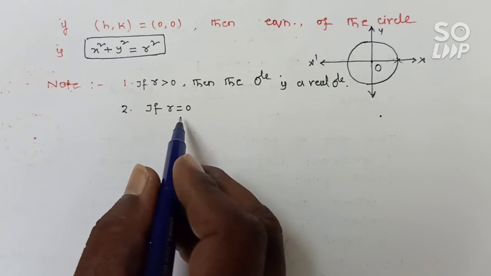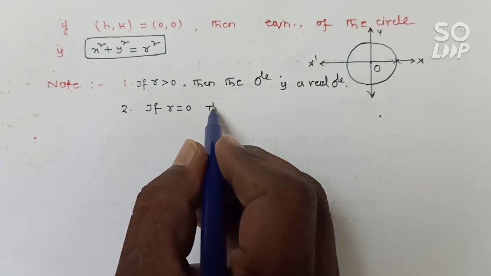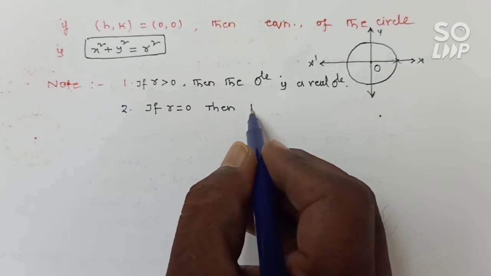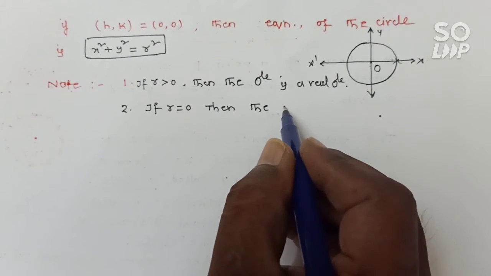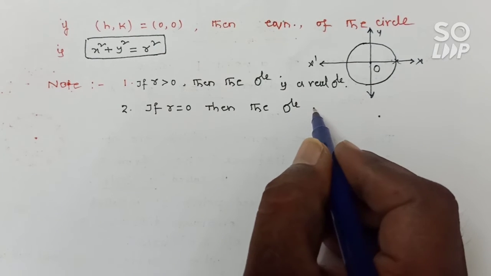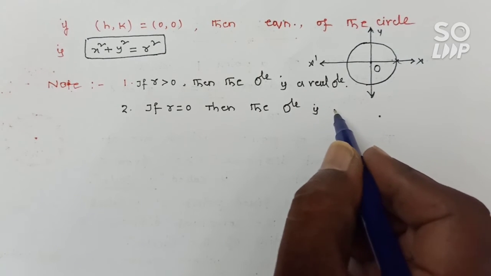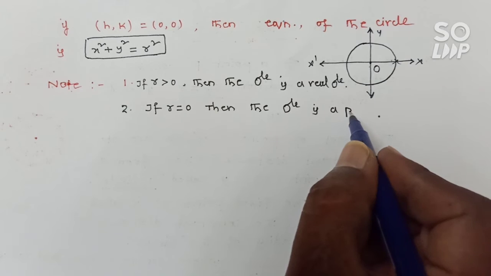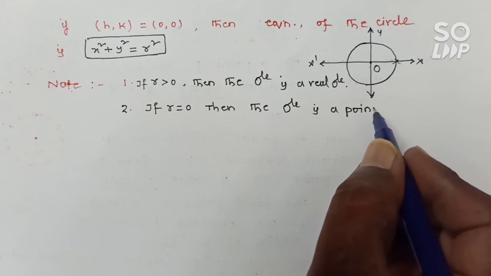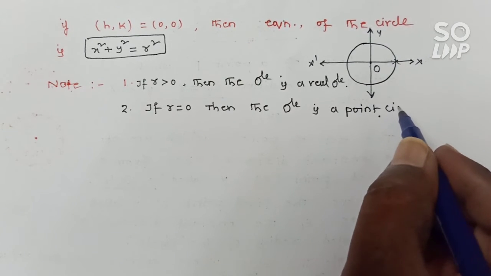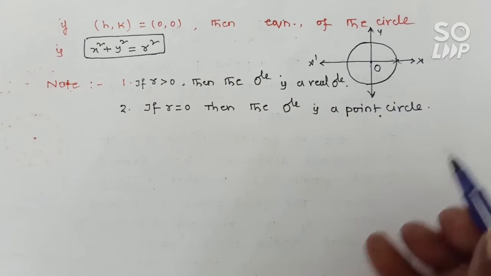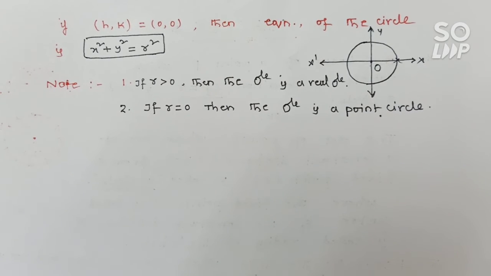So if r is equal to 0, then the circle is a point circle, right? And one more very, very important point.